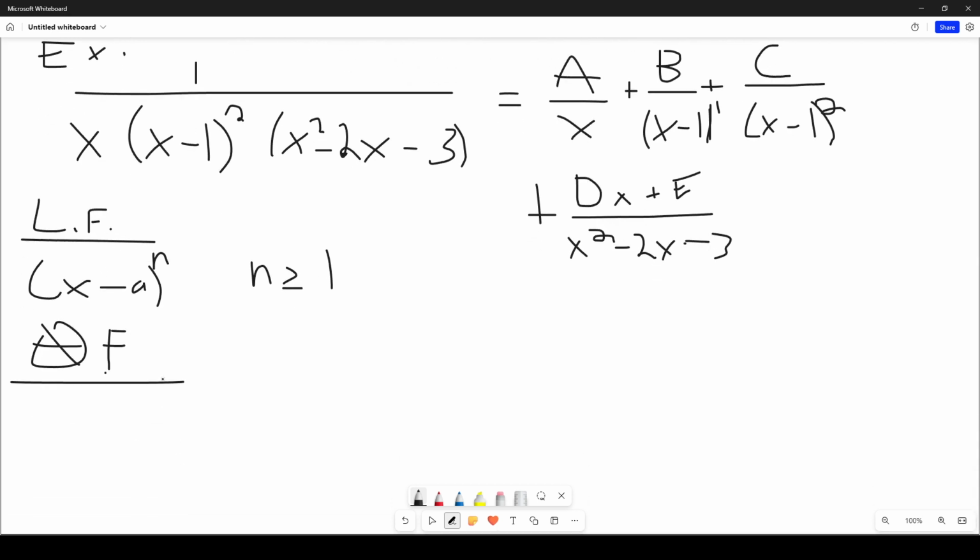In this case, we have one quadratic factor, and in general, they look something like ax squared plus bx plus c. The reason why we sometimes have these quadratic factors is that a quadratic is the largest polynomial that sometimes can't be broken into parts.